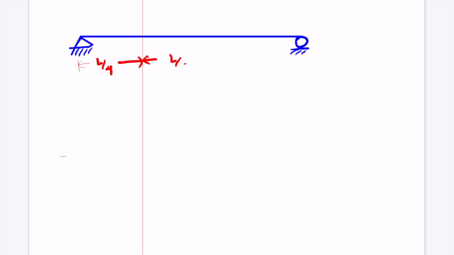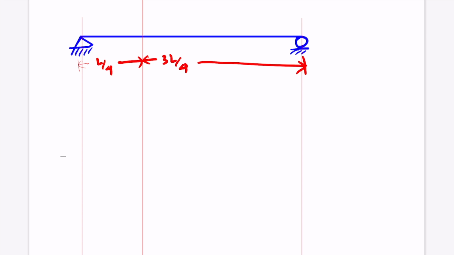So again we will use the Muller-Breslau principle here. The Muller-Breslau principle says that we have to follow two basic steps. The first step is introducing a slider at that particular point.